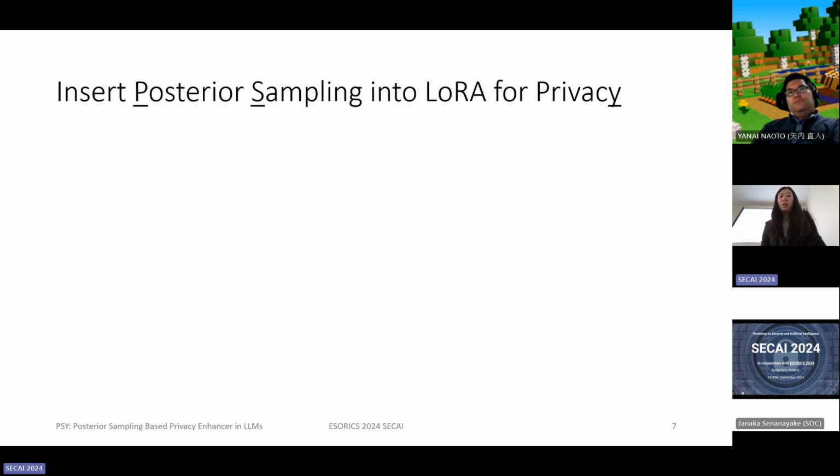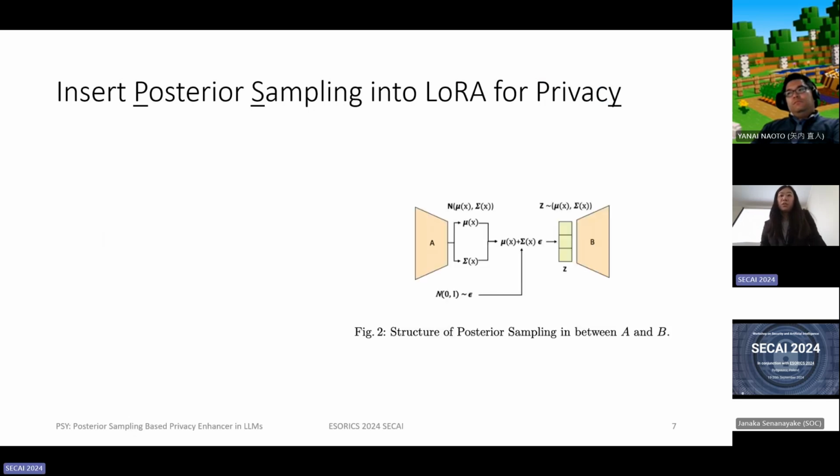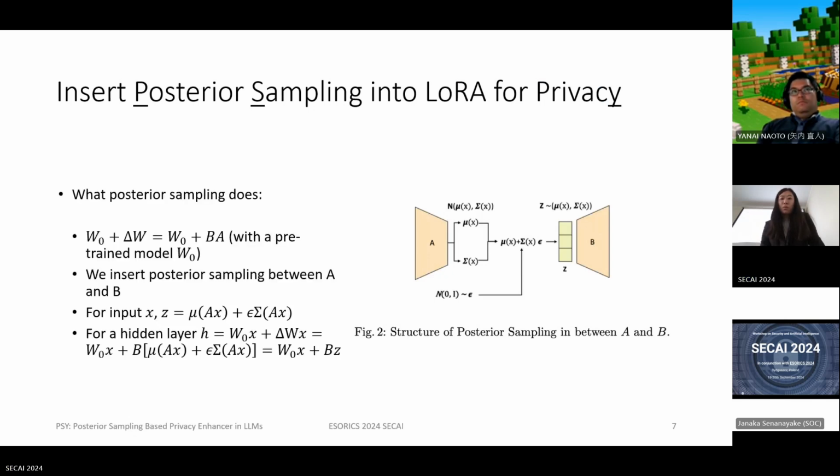So how do we insert the posterior sampling part in LoRA? The right image shows the structure of LoRA with posterior sampling. Let's go back to LoRA. When we have a pre-trained model W0, the updated weights are W0 plus delta, which equals W0 plus BA.